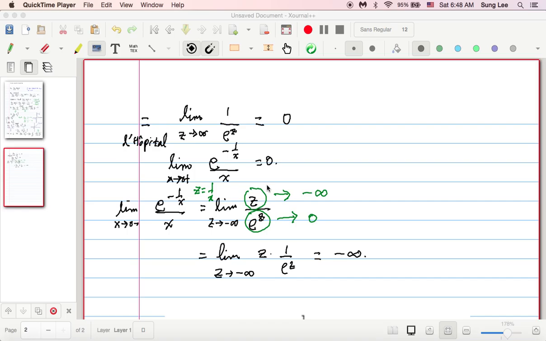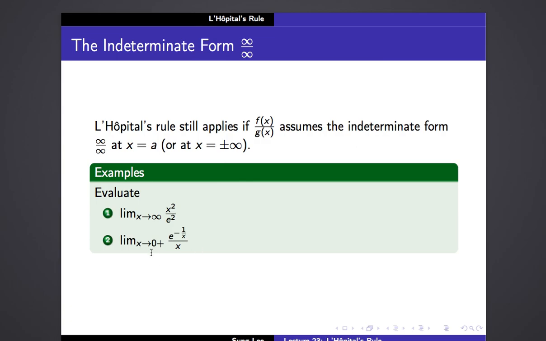So, in my previous lecture, we discussed this example here, right? Limit of e to the negative 1 over x when x approaches 0 from the right side. Okay.